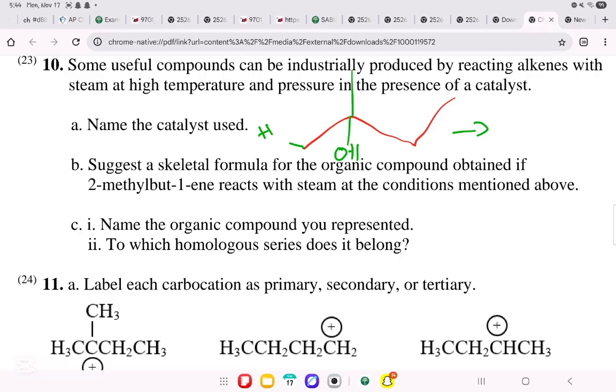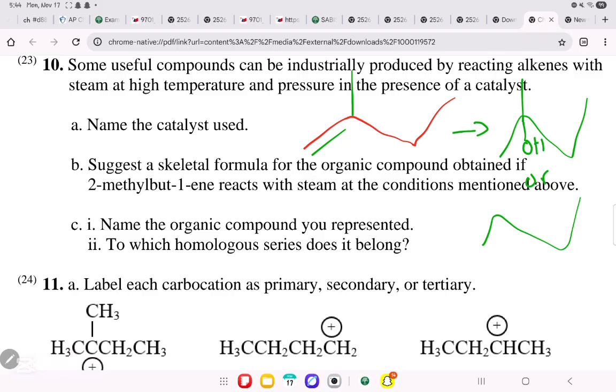As long as you put them like this, but you don't include the hydrogen. So what should your product become? Your product should become like this. And you have this on top, and then you have OH over here. Or it could be like this, and then you have this here, and you have the OH over here. Now, name the organic compound you represented. This is, first of all, 2-methyl, right?